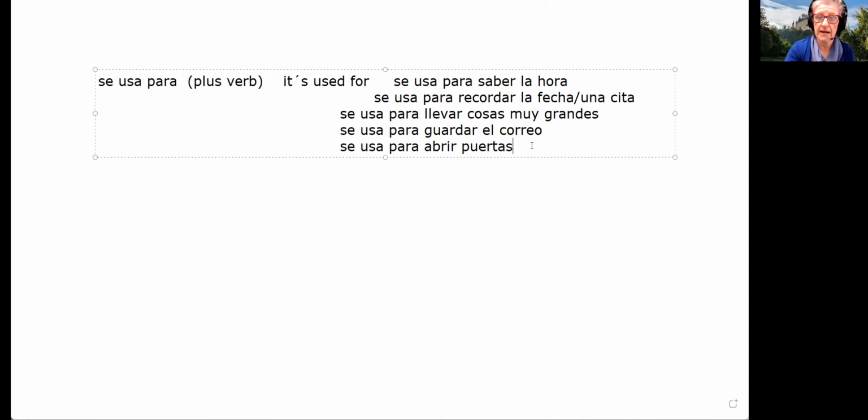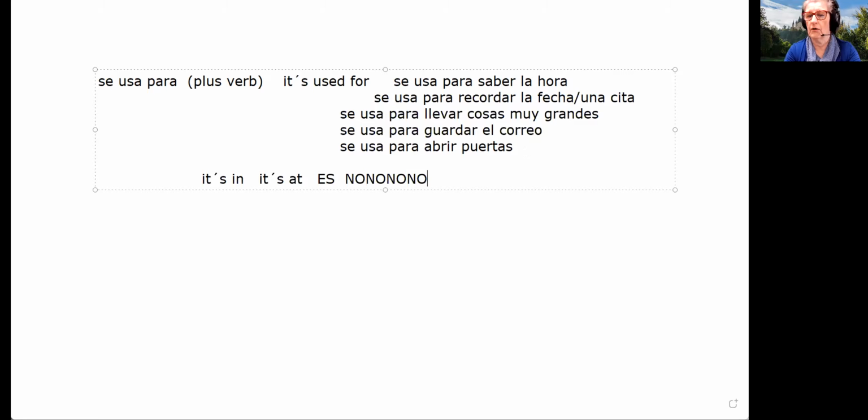Se usa para. Okay. Another thing you're going to want to make sure you do, especially the newer people, when you want to say it's in or it's at a place, we're not going to use es. Not es. But rather than that, we will use está.